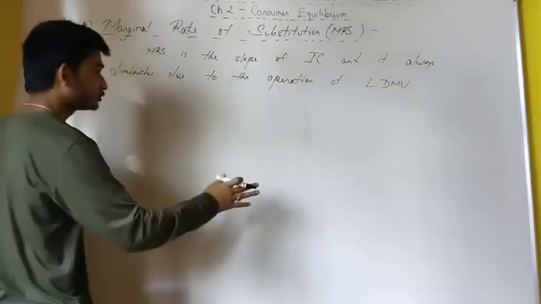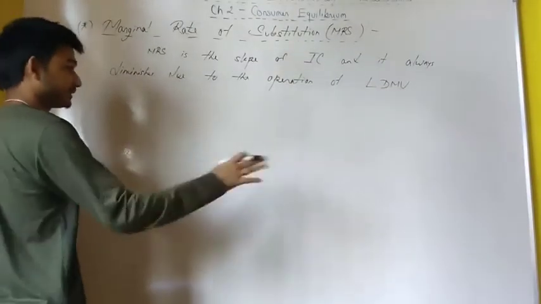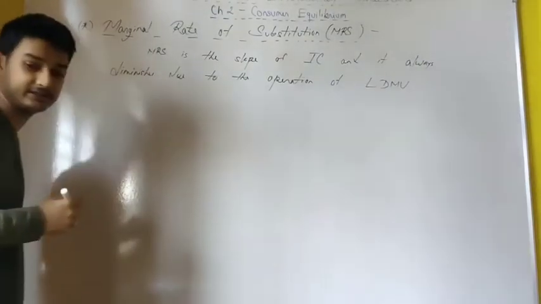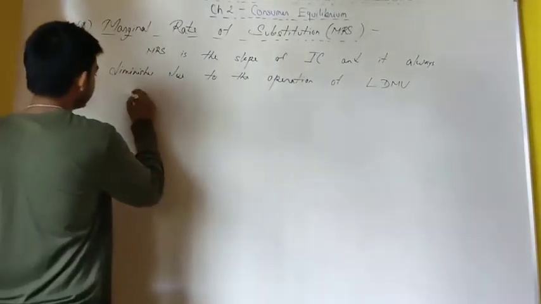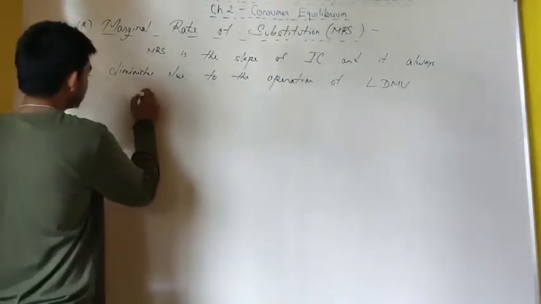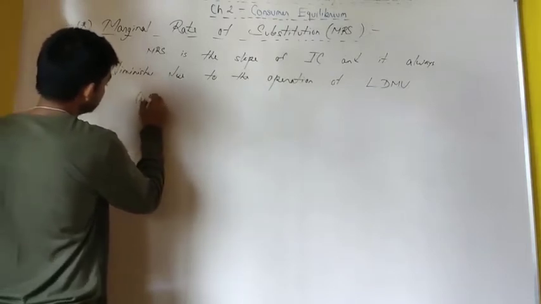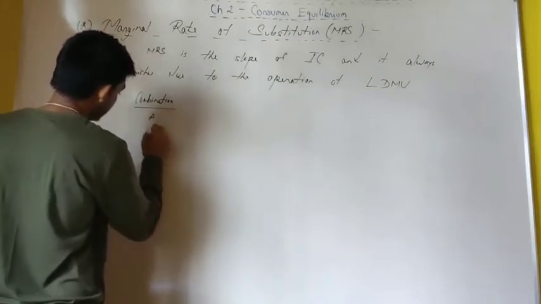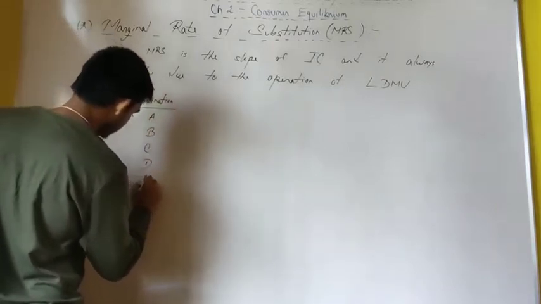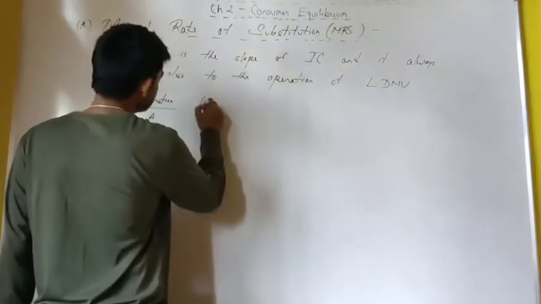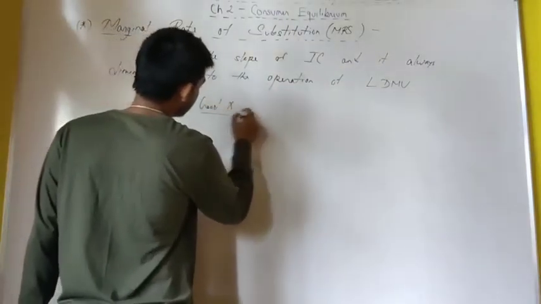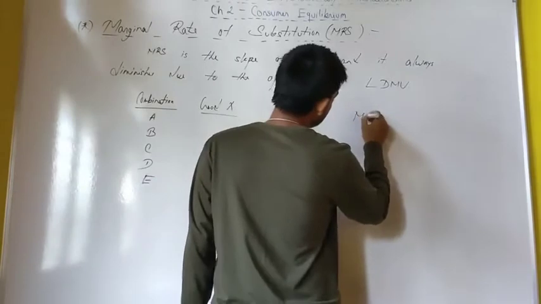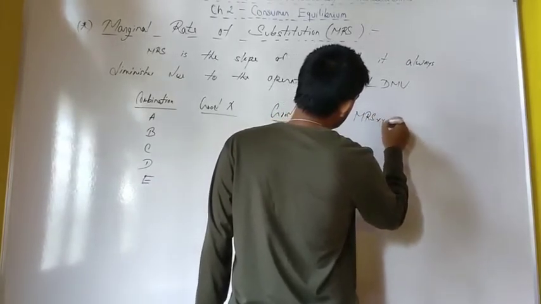Now this can be explained with the help of a table. With this table I am also showing how to make it, the trick to draw it. The table is the same as what we did in the indifference curve. Here the combinations A, B, C, D, E. Say we take good X, good Y, and MRS XY.